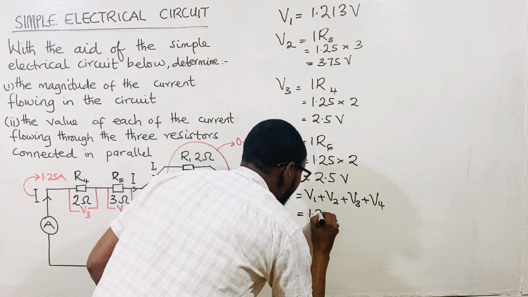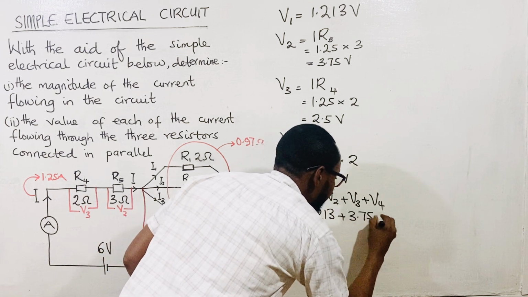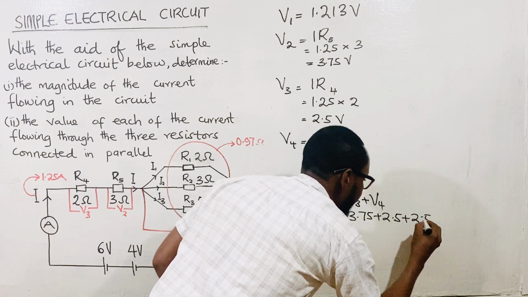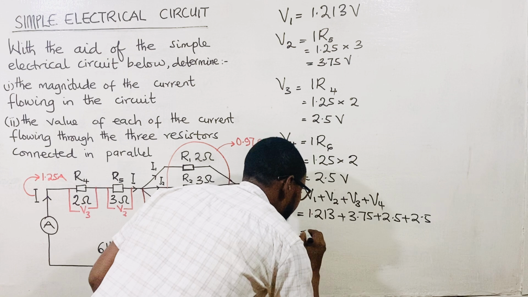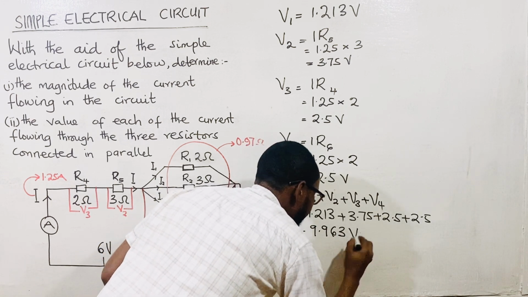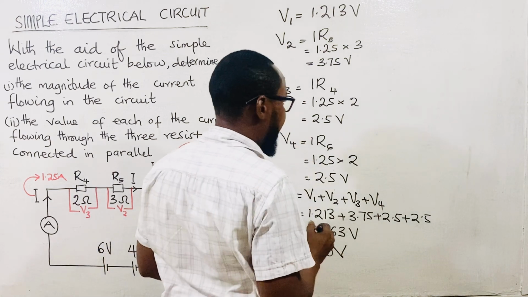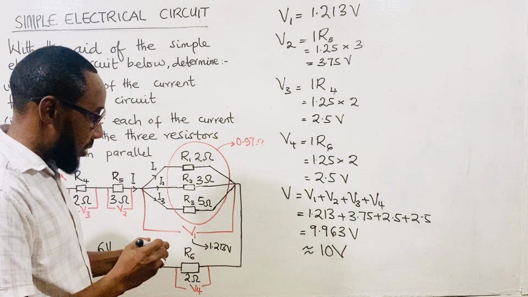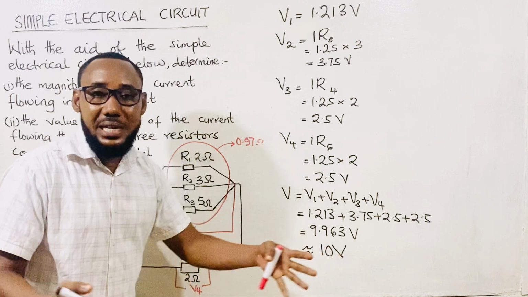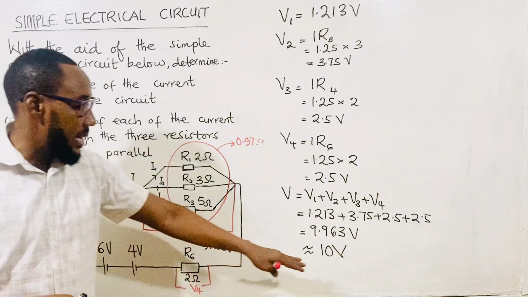It gives me 1.213 plus 3.75 plus 2.5 plus 2.5 volts, which is equal to 9.963 volts, approximately giving me 10 volts. So this is the sum of all the potential differences in my circuit.